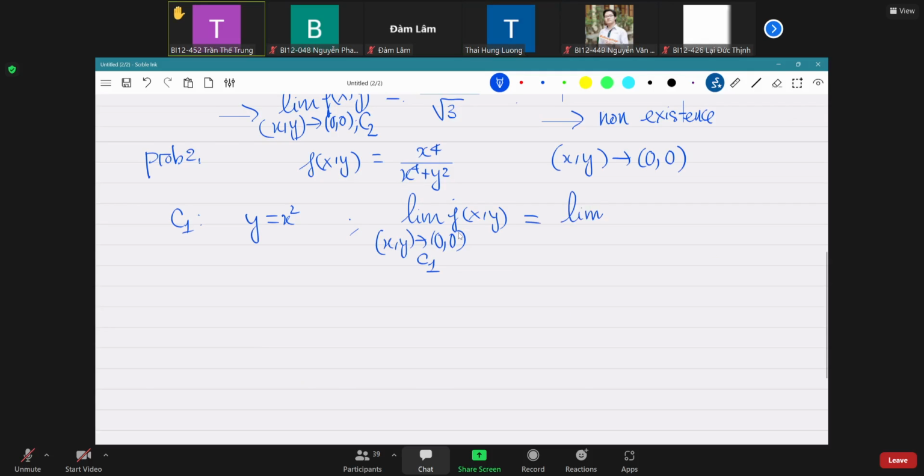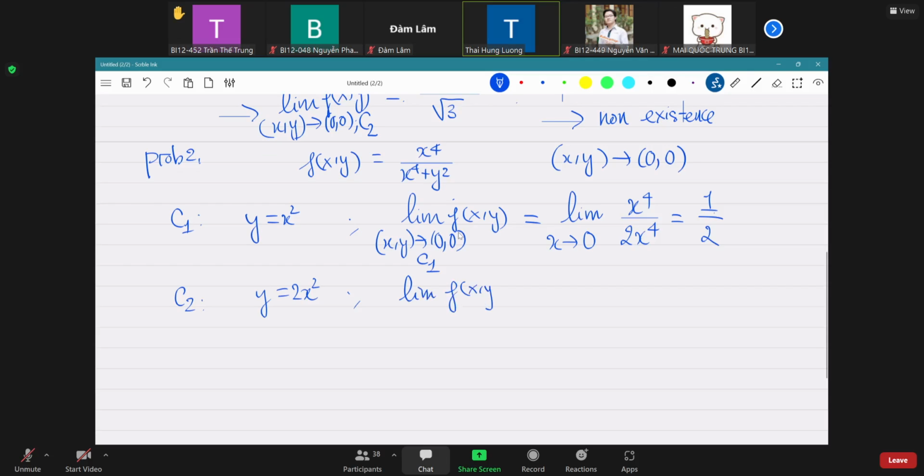So what is the formula here? Is it x to the power 4 over 2x to the power 4, right? Yes, and x tends to 0, and this one is 1/2, right? Yes. Okay. So what is the c2? The c2 will be y equal to 2x squared. Yeah, it's very good.